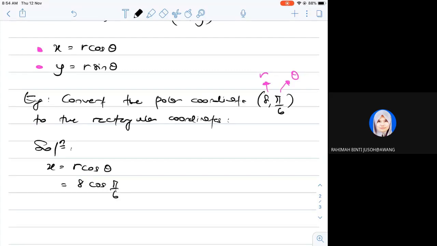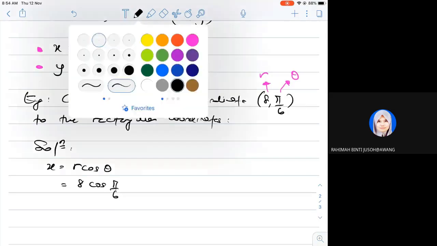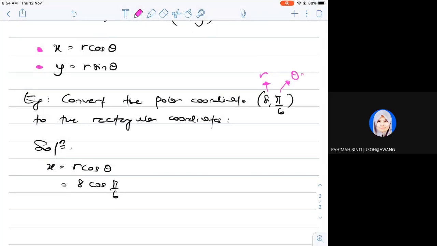Okay guys, if you use your calculator and you want to key in pi over 6, make sure you change to radian mode. But pi over 6 is how many degrees? 30 degrees, right? If you want to use 30 degrees, you need to make sure your calculator is in degree mode. Either one.